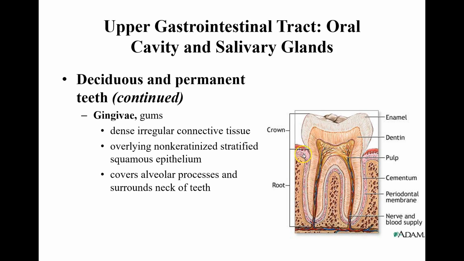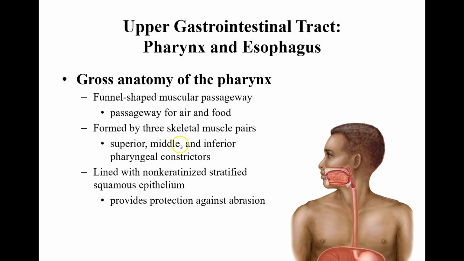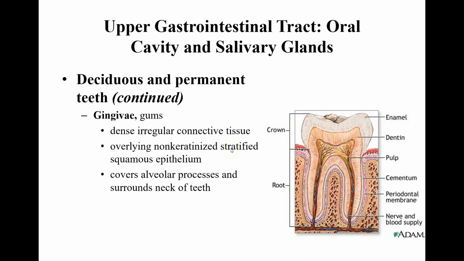But if the gums start to erode or degrade because we're not taking care of them as well, that can lead to gingivitis. I don't have a picture of that, I'm sorry. Gingivitis is when your gums are red, sore, bleeding, and they can start to pull away from the tooth. Typical gingivitis is something that we can fix.